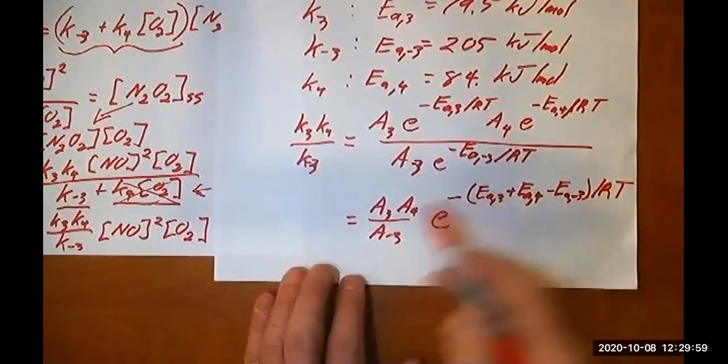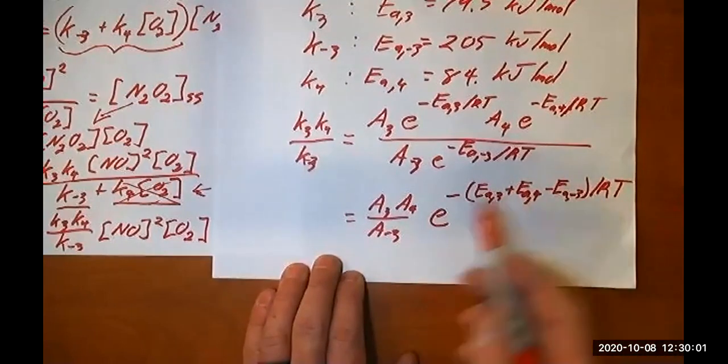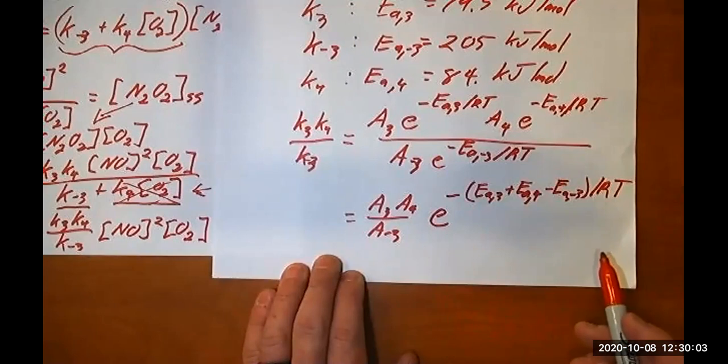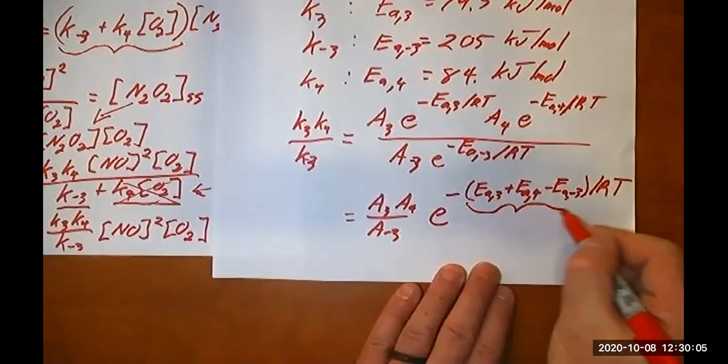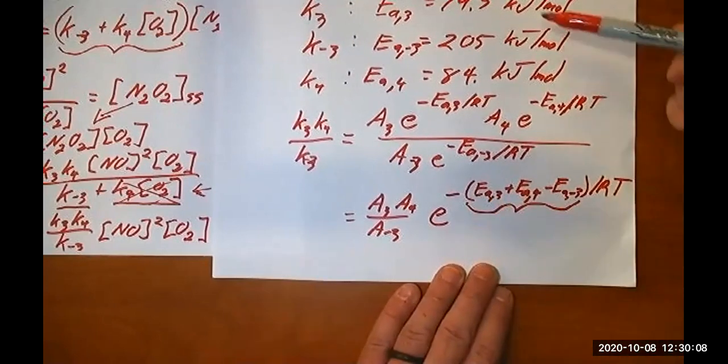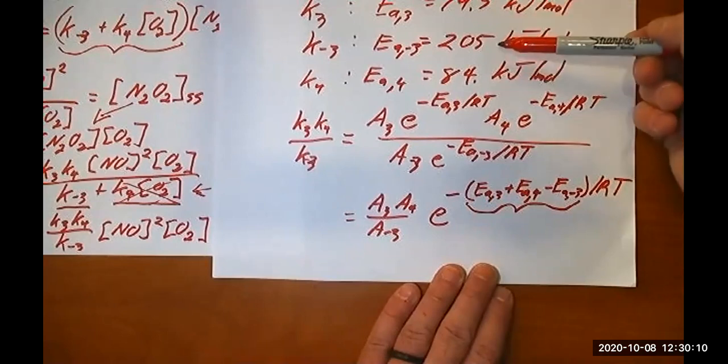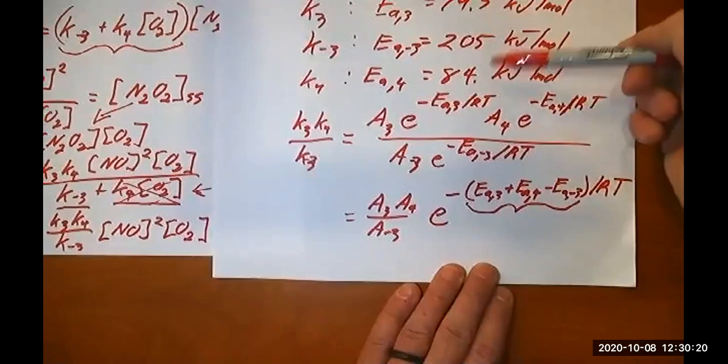And so this still looks like the Arrhenius equation with an activation energy that is this one plus this one minus this one, right? Now, if we do that, what kind of number do we get?